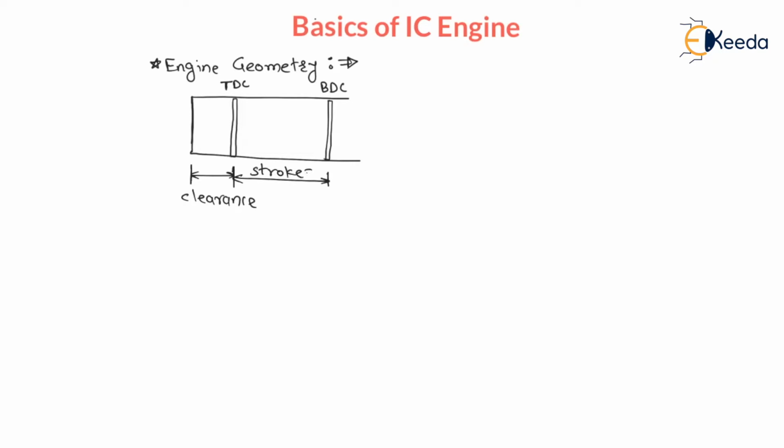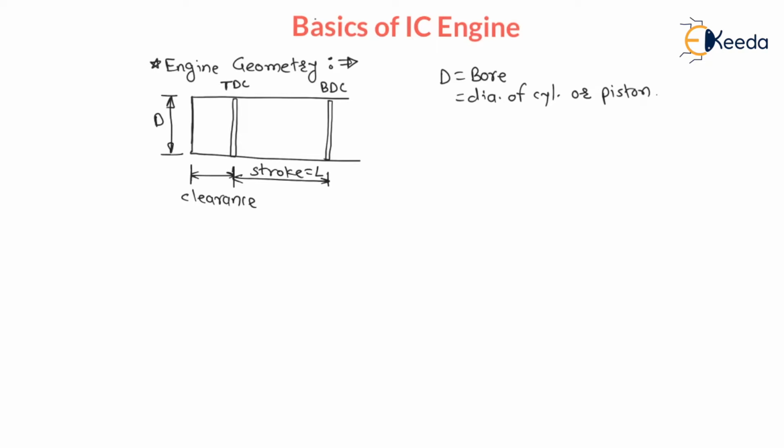This is stroke of length L. Let us consider the diameter of the cylinder or diameter of the piston as capital D. Capital D is also called bore diameter or simply bore, which is the diameter of the cylinder or diameter of the piston.